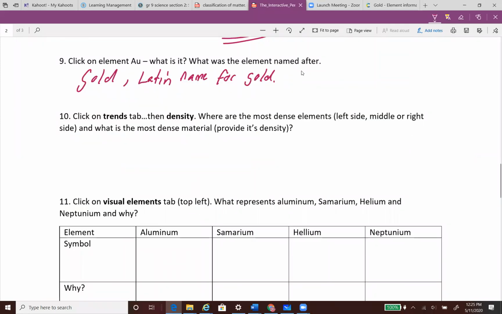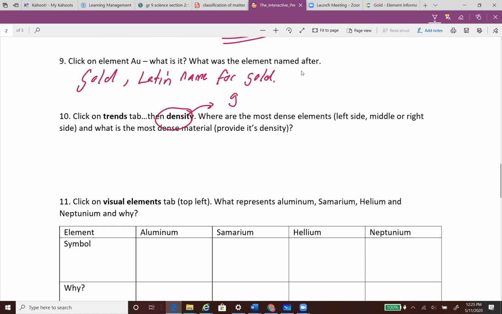Density is an interesting one. It's actually our next topic, because the next time we meet, we're going to talk about properties of matter, with a focus on density. Density is described as the amount, you know, you're familiar with weighing something on a scale.